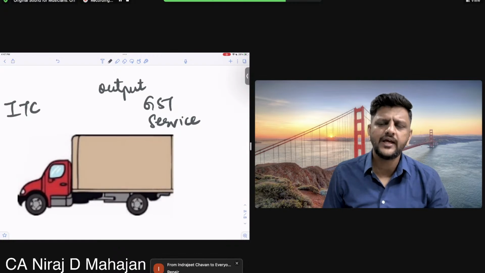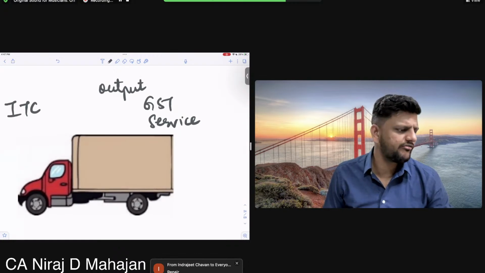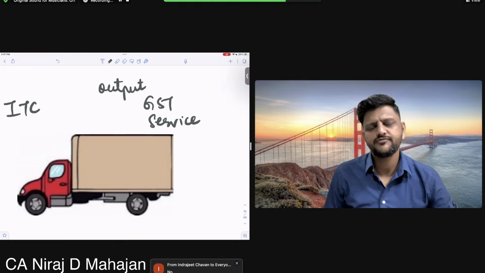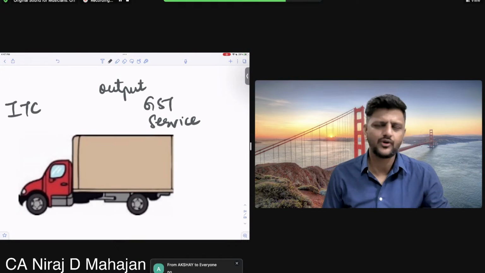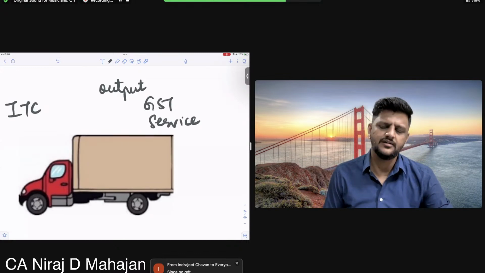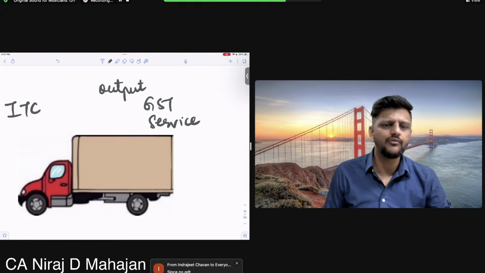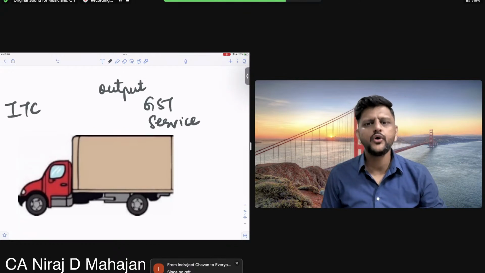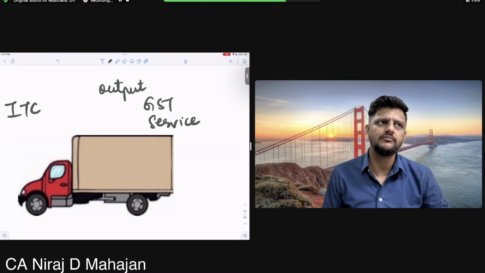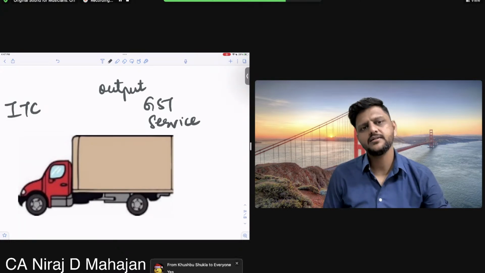And do they get credit of fuel? No. Because fuel, diesel, petrol, petrol forget it, but diesel etc. is still obviously not yet under GST. So the majority of the cost he is going to incur, for that he will not be getting his ITC. Clear till here?